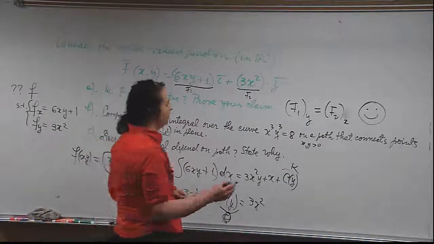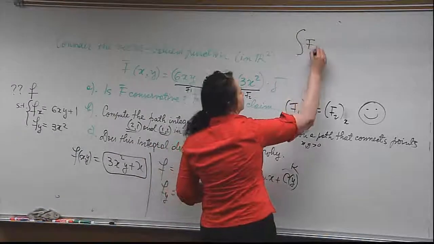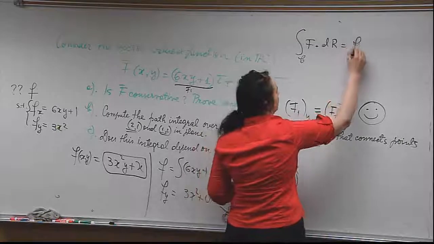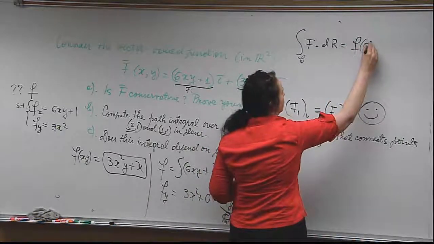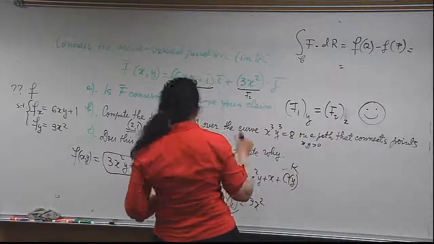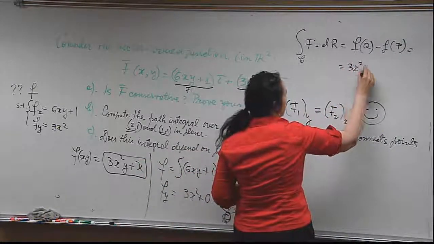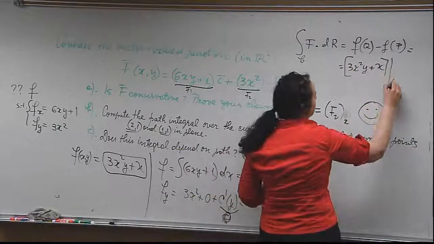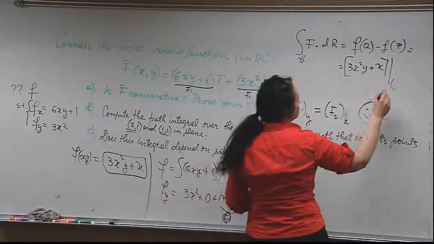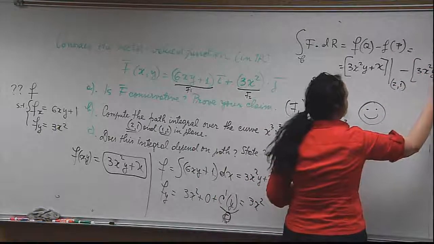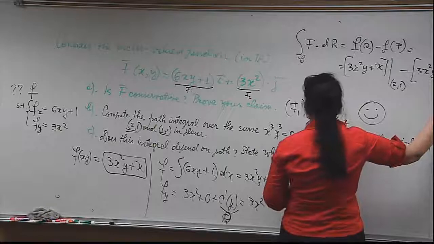I'm going to use the fundamental theorem, which says f at q minus f at p, where little f is 3x squared y plus x, at (2, 1) minus 3x squared y plus x at (1, 2).